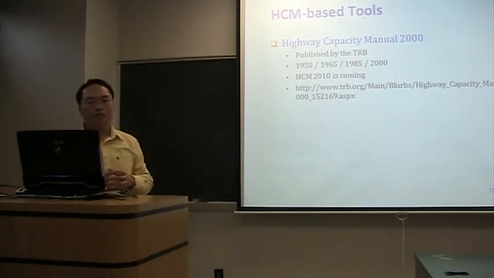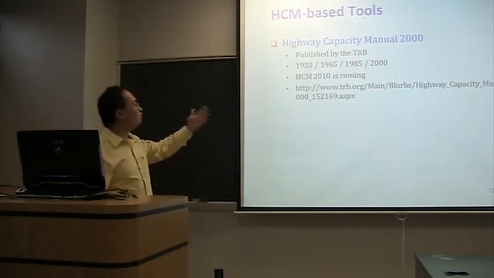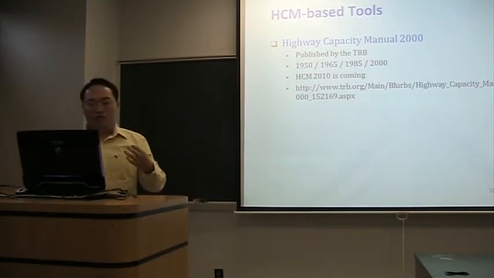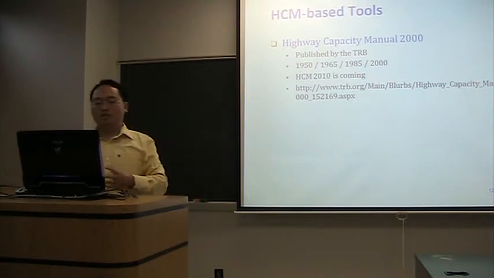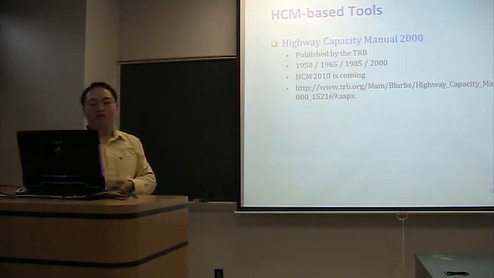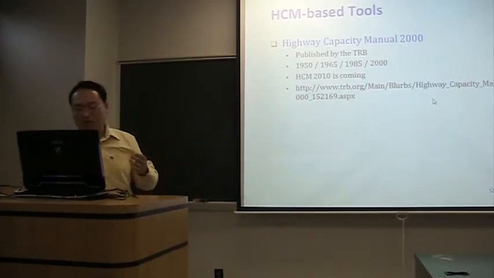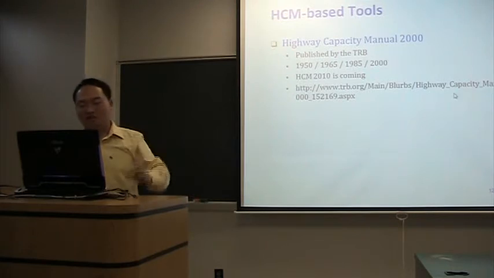And now the version we're using is the fourth version, HCM 2000. And the latest version, called HCM 2010, is coming. Okay? And we can access this website to buy it. It costs only $110, but it's very thick, so I think it's worth it.